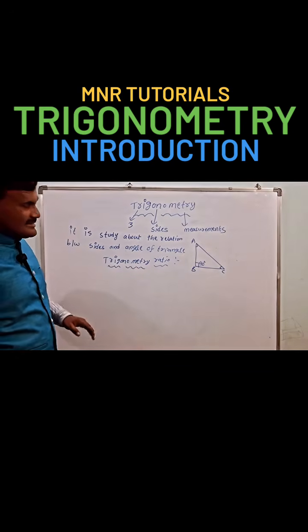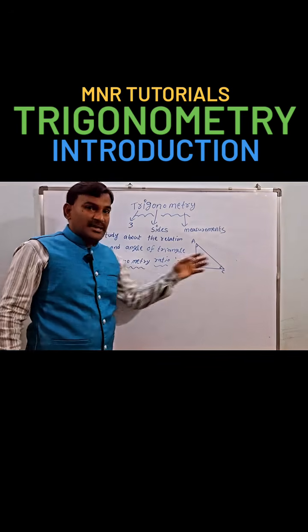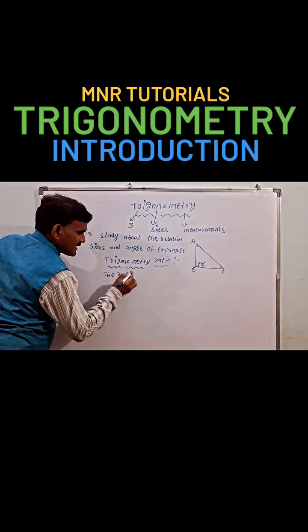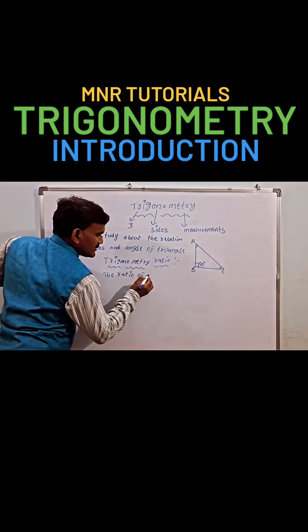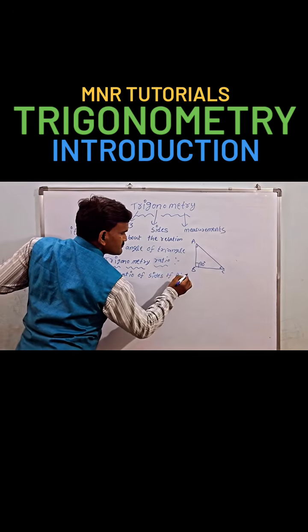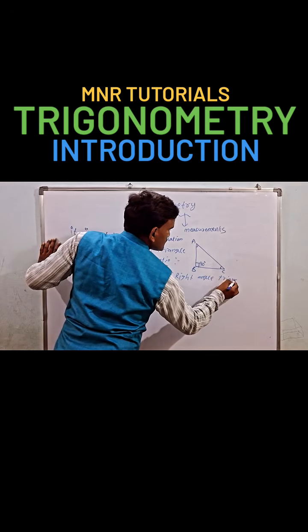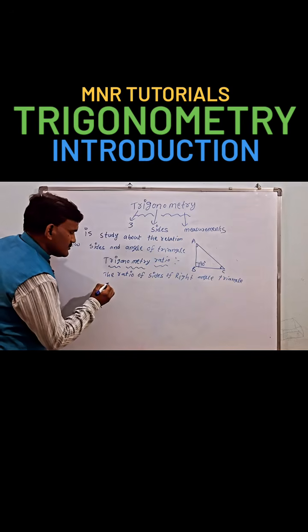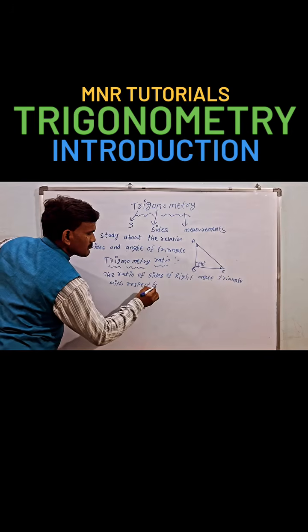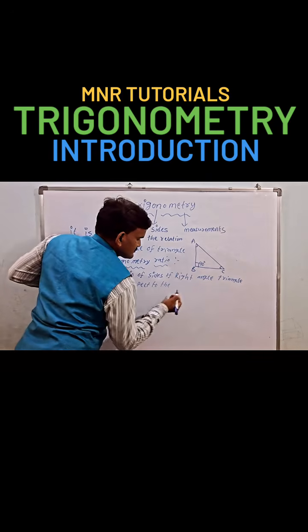The ratio of the sides of a right angle triangle with respect to the acute angles.